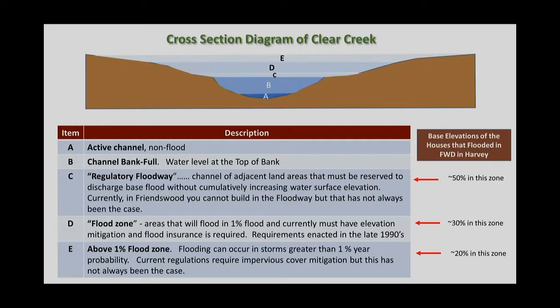The homes that were flooded during Harvey were about 20%. But in these areas, if you build today, you pour concrete or build structures, you have to mitigate by possibly doing some detention, so there's no requirement that land is left untouched when it comes to building in a flood-prone area.